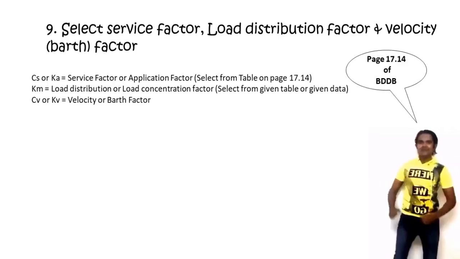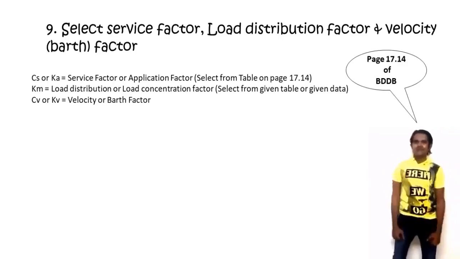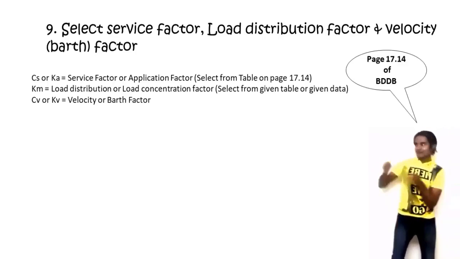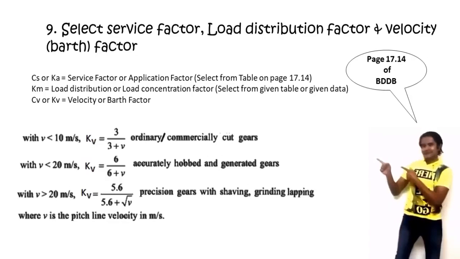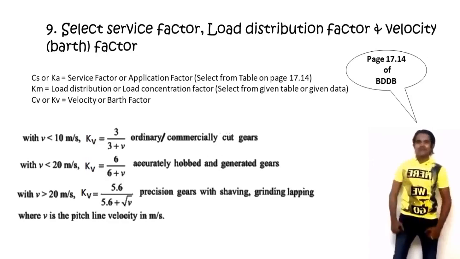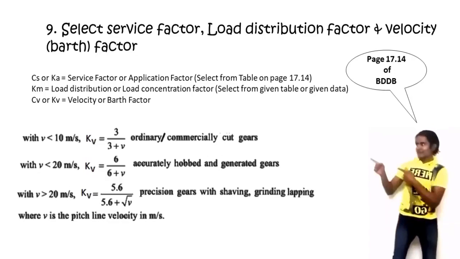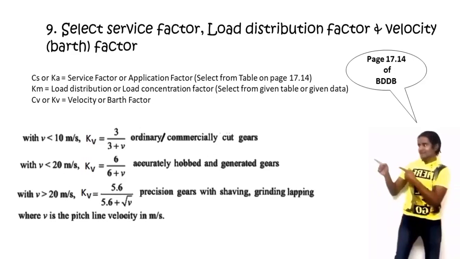CV or KV, the velocity or Barth factor, you can find on page number 17.14 of the Bhandari design data book, and it is according to the formula of velocity. Suppose the velocity is less than 10 meter per second, then you should use the formula 3 upon 3 plus V. If the velocity is less than 20 meter per second, then you should use the formula kV is 6 upon 6 plus V for Spur Gears.